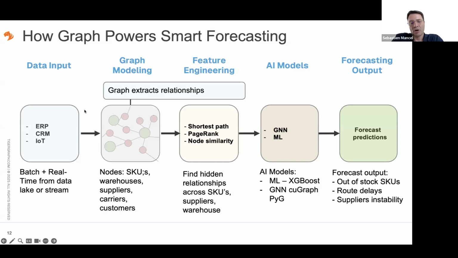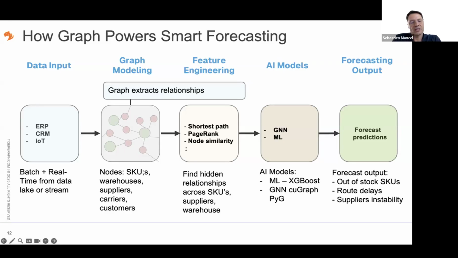Then we move to AI models. So we train machine learning models such as XGBoost, as well as graph neural networks using frameworks like cuGraph and PyG. Now, GNNs excel at learning from structured, interconnected data, where relationships between entities are critical for predictive power. And finally, we produce forecasting output. So predicting which SKUs are at risk of stockouts, identifying potential route delays, forecasting supplier instability based on their interconnected dependencies.